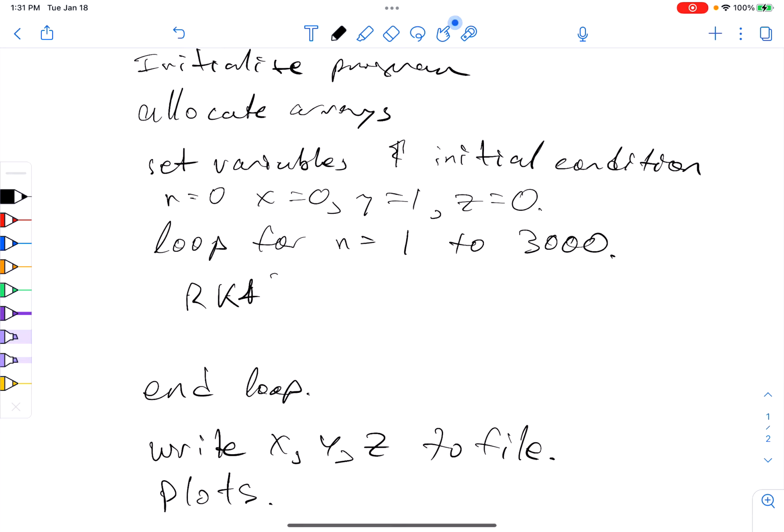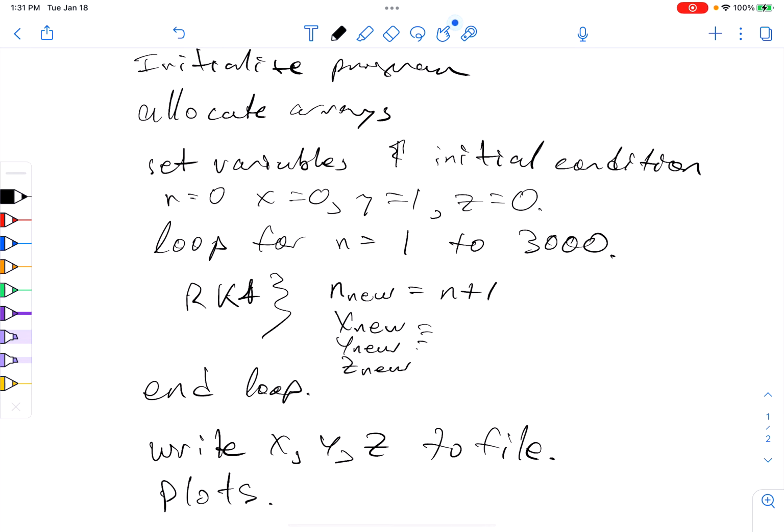And this Runge-Kutta algorithm here is the one I displayed on the board a few minutes ago. But basically in here, you want to say n new equals n plus 1, essentially. And you would say x new, y new, z new equals the right-hand side of each individual equation.